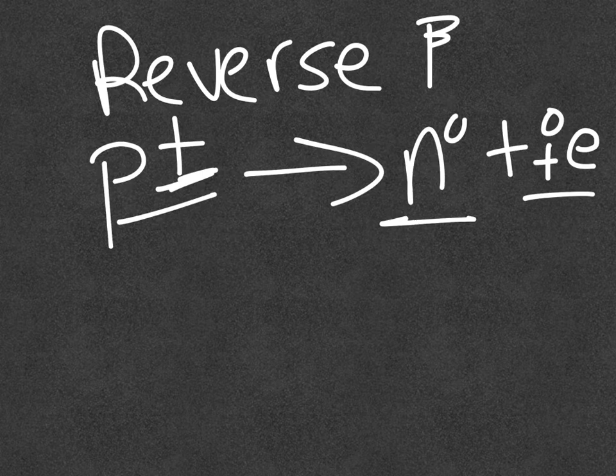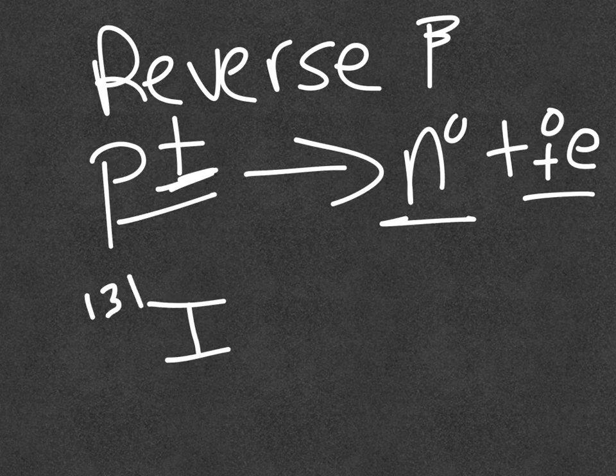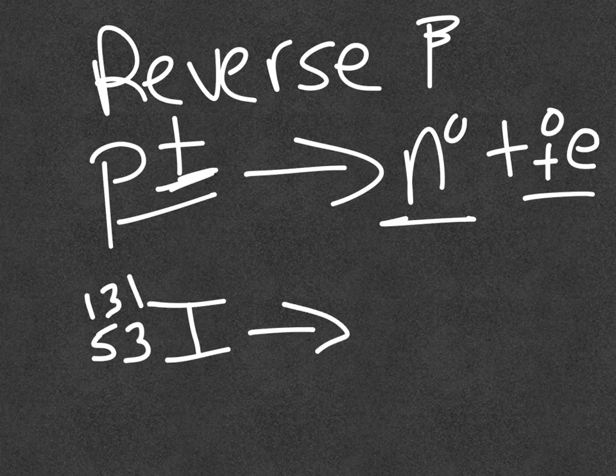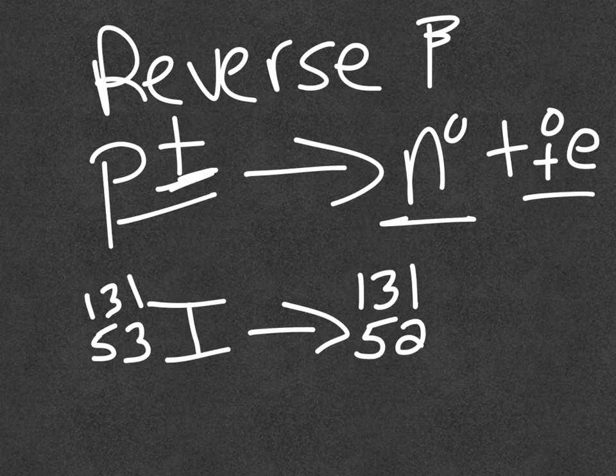So how this looks for a nuclear equation then is, let's take iodine 131. Iodine's number 53. Let's say it goes through a reverse beta decay. So the proton changes itself to a neutron. So the mass stays the same, but I lost a proton.